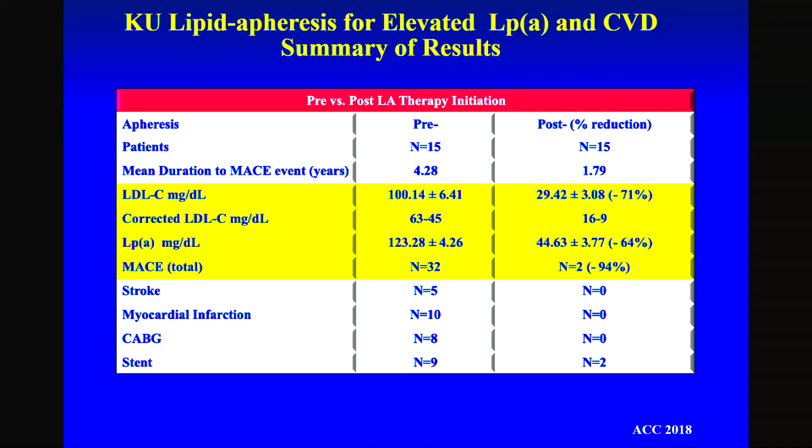We looked at their event rate before, and this is 4 years later, a mean of 4 years. We show about a 96% reduction of events. The only events that occurred in these 15 patients were that a stent was administered to 2 patients. And that was it, nothing more. Previously they had stroke and cardiovascular events, they were all secondary prevention. And they're doing extremely well.